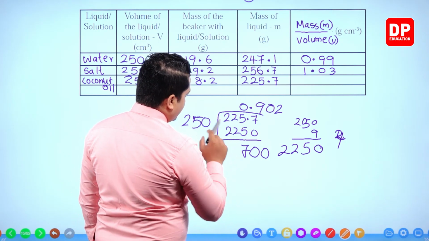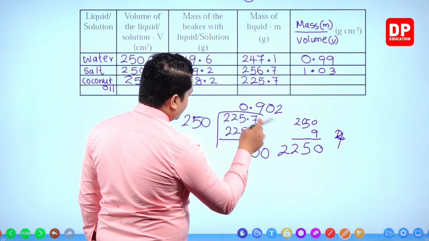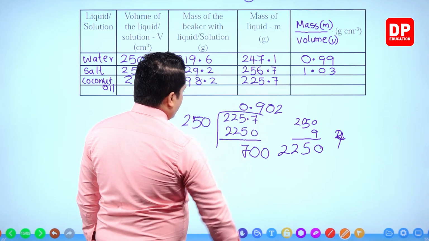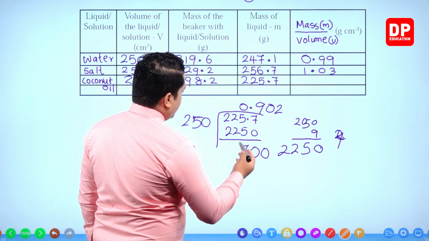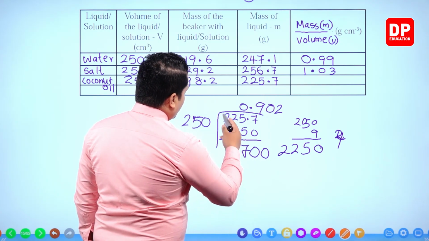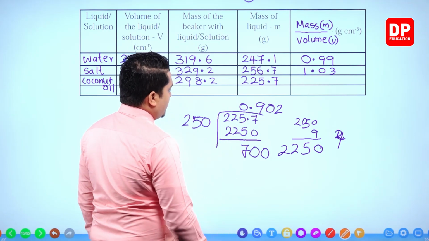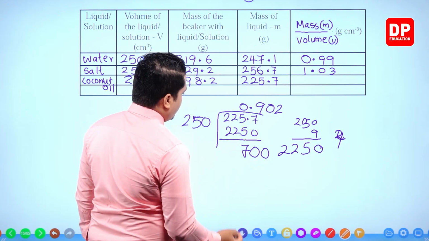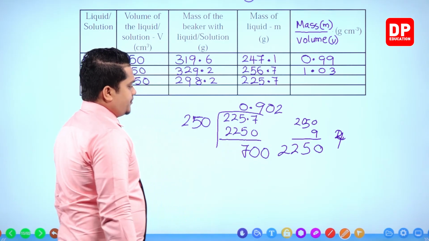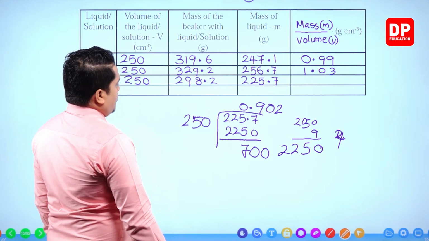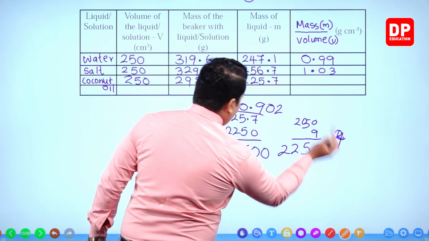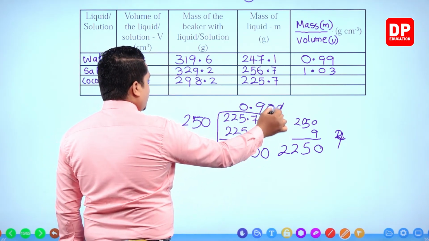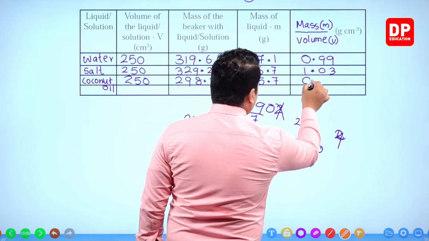Here there is around 9, right? 2250 subtraction. Then 2257 is the answer above. Here 2250, so the remainder is 7. You take 0, then put 0, another 0, then you can put 2, 500. Then we'll round off and put the answer. 0.902, 2 is the one, so you can ignore this. 0.9 is the answer.